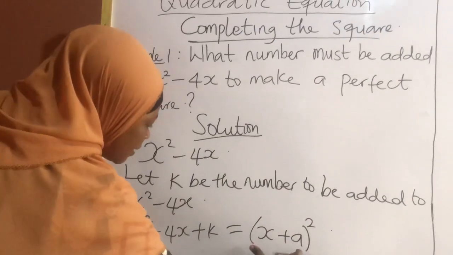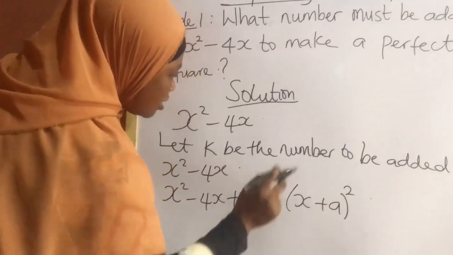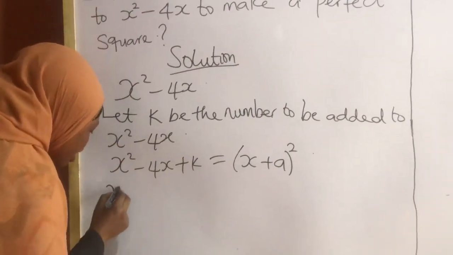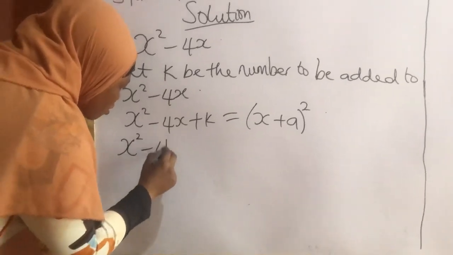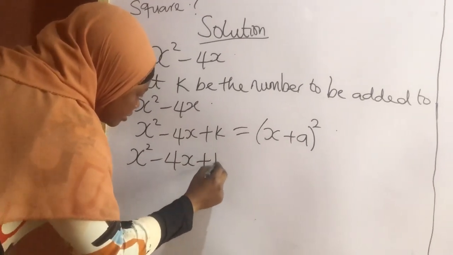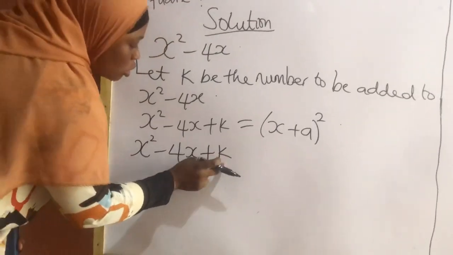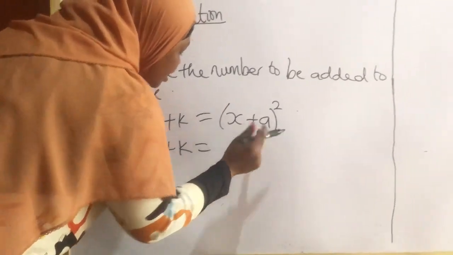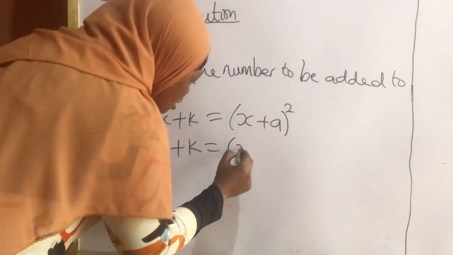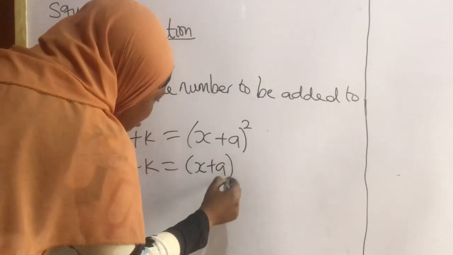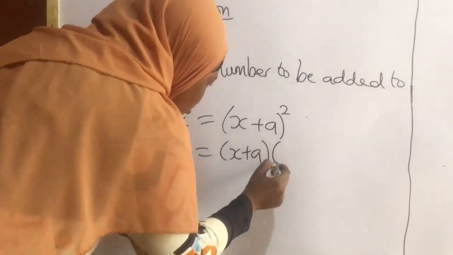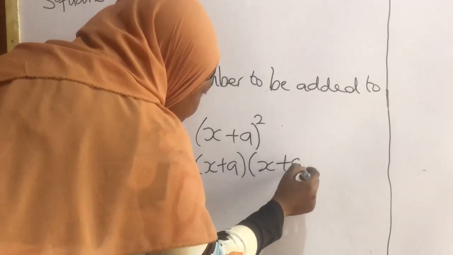Now, we need to expand x plus a, everything squared. So x squared minus 4x plus k, where k is the value that we want to find, is equal to x plus a squared, which is the same thing as x plus a times x plus a.